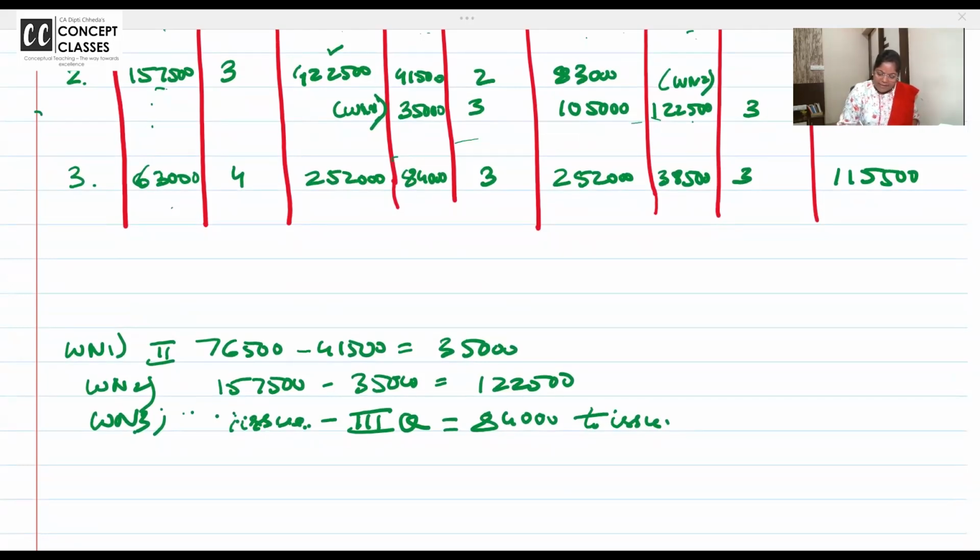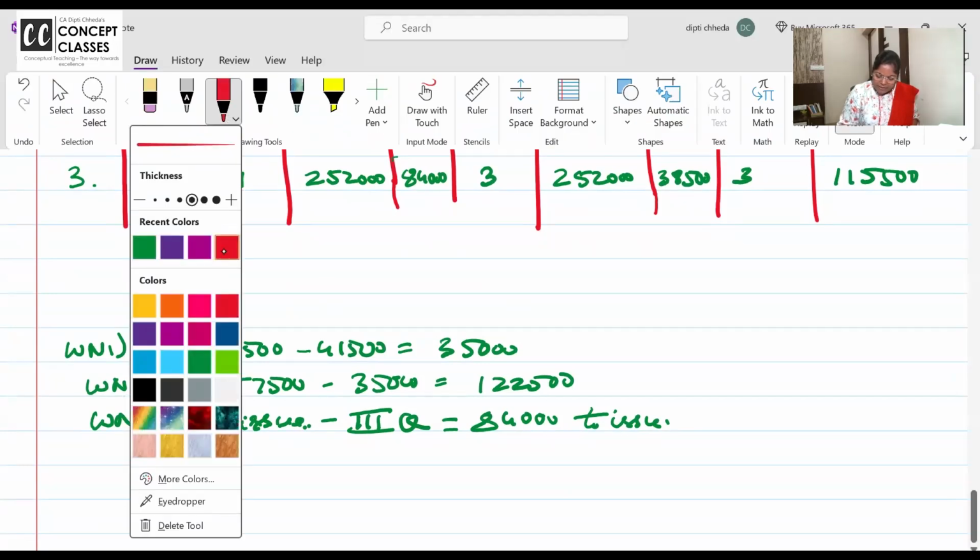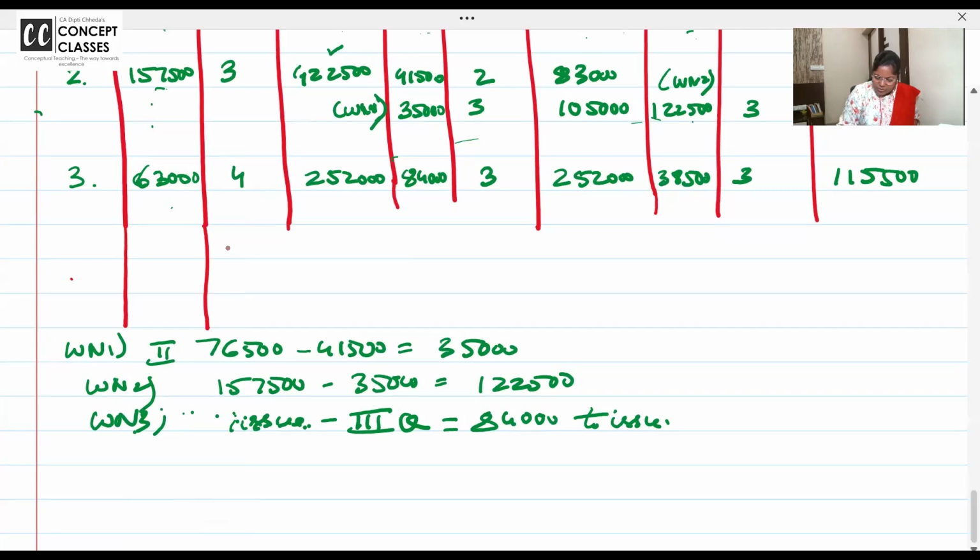Say at every place, हर जगह पे अपने आप से बात करो, ओके ऐसा है, ये है, so that you get it very clear.